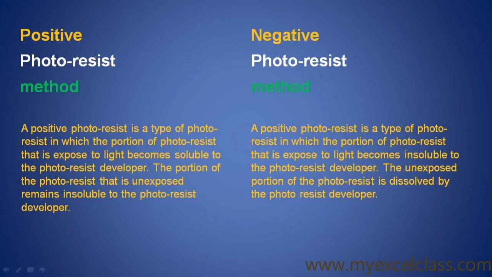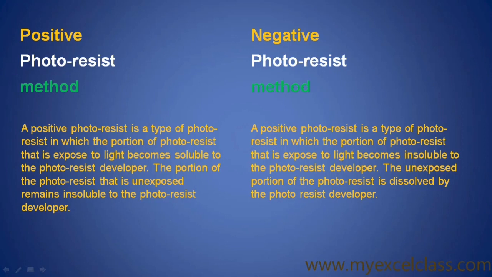You see here, a positive photoresist exposed to light becomes soluble to the positive photoresist developer. Then the portion of this positive photoresist that is unexposed remains insoluble to the photoresist developer. Okay. You see here, that is one type of magic process.